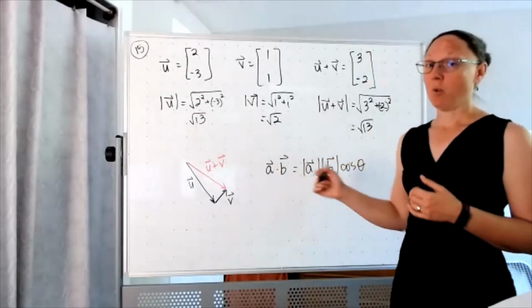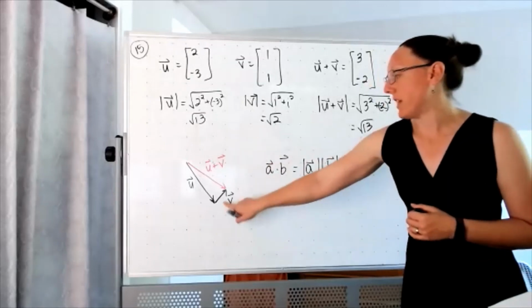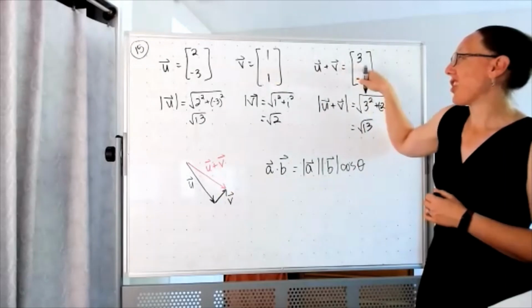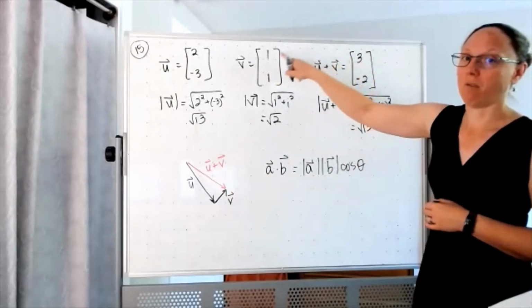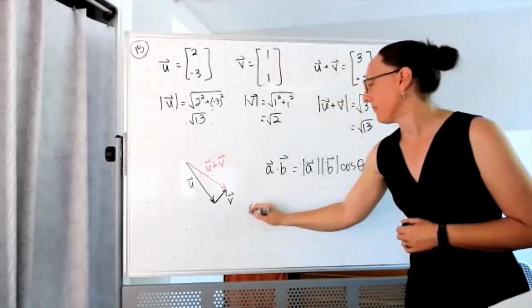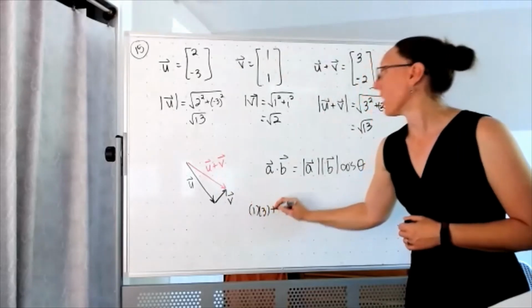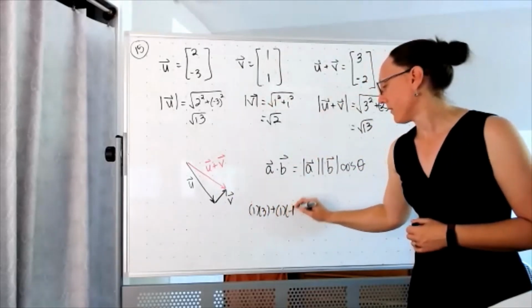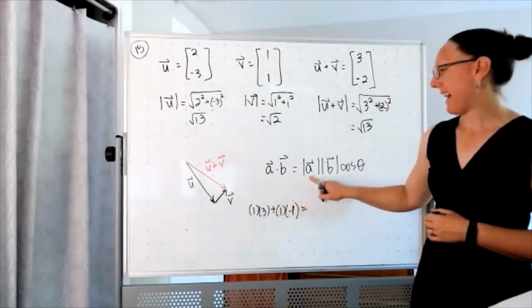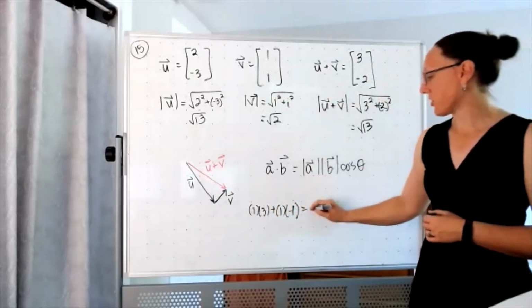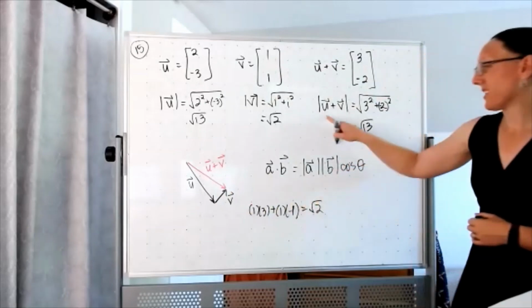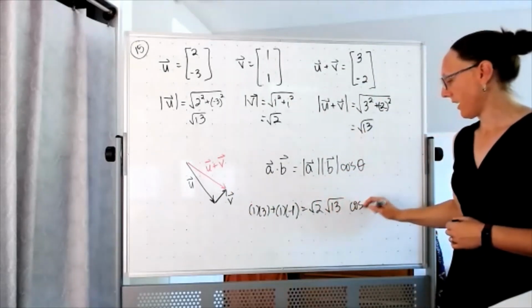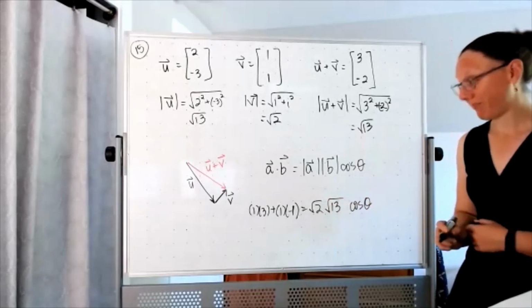In this case, we wanted to compute this for v and u plus v. So if I take v and dot it with u plus v, then I'd have 1 times 3 plus 1 times -1. My magnitude of v is square root of 2, and my magnitude of u plus v is square root of 13, and then I have cosine of the angle between them.